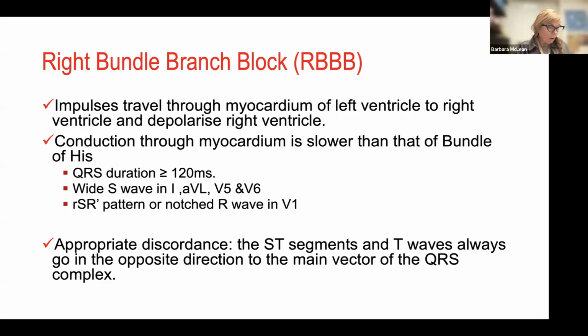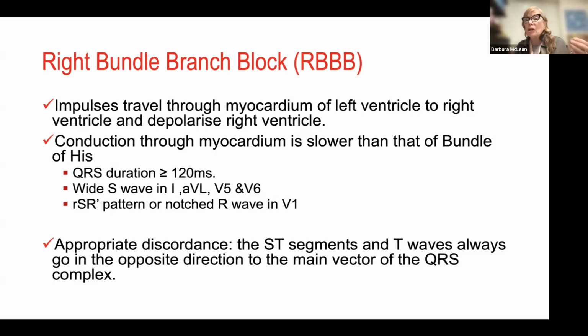Very important, and always vitally and profoundly important to remember, the ST segment and the T waves in the leads looking at the bundle branch block. In this case, right bundle branch will be your right-sided leads, primarily AVR, V1, and V2.